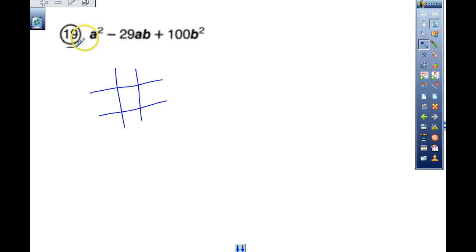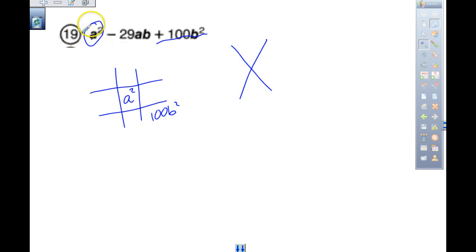So middle is always beginning, over b squared. What multiplies to 100 b squared a squared, and adds to negative 29ab?